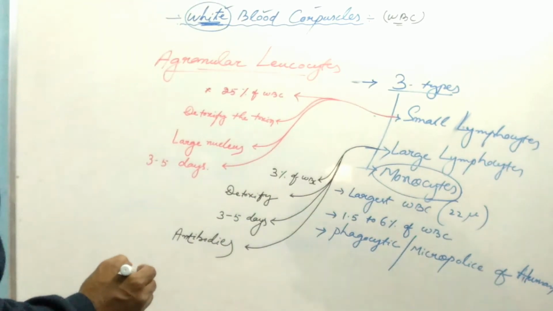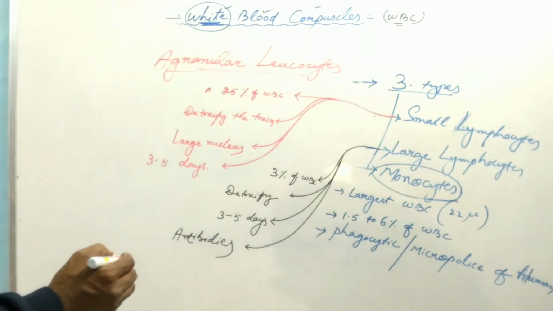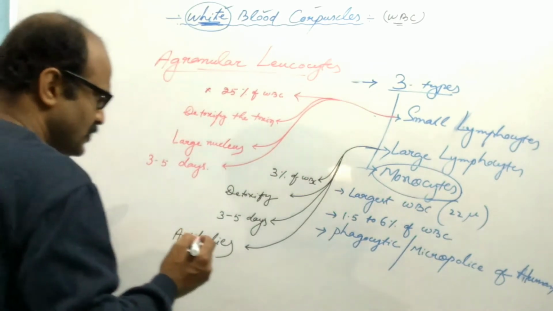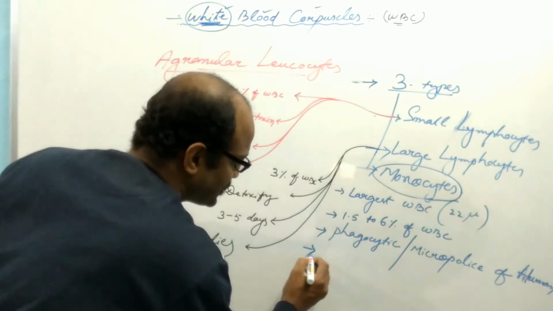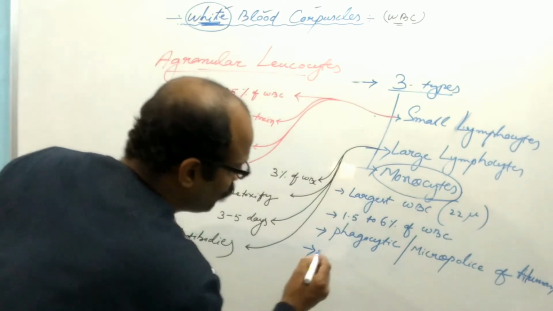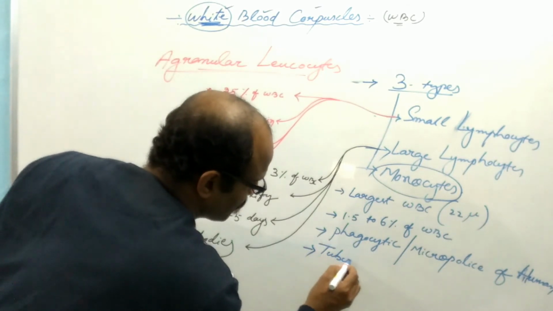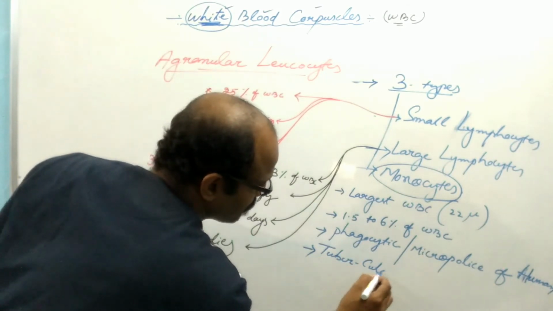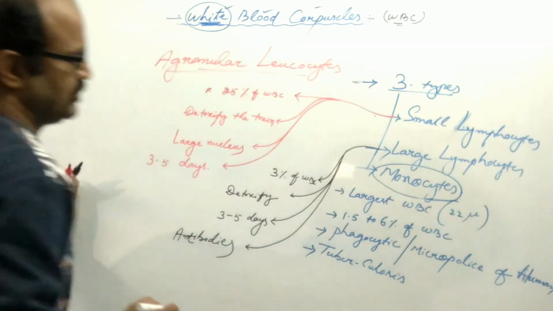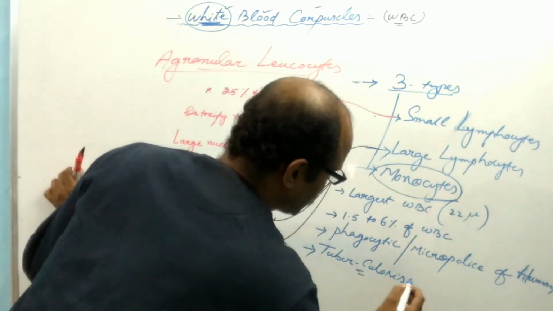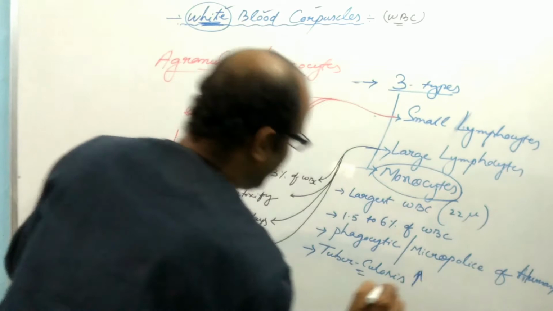The number of monocytes increases in the case of tuberculosis.